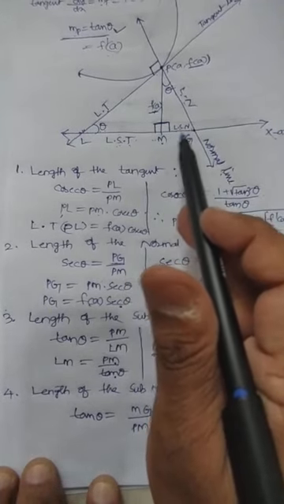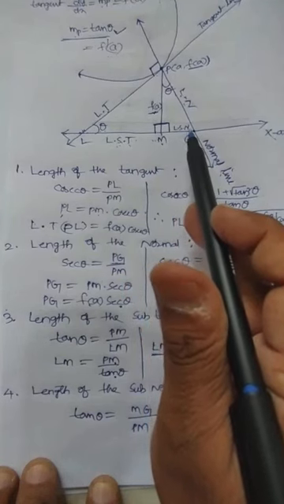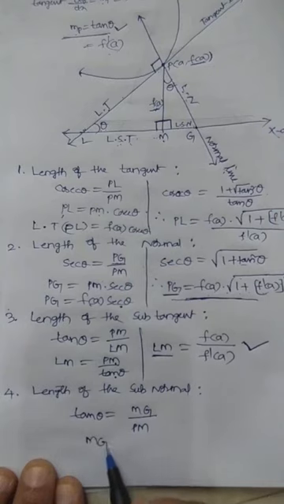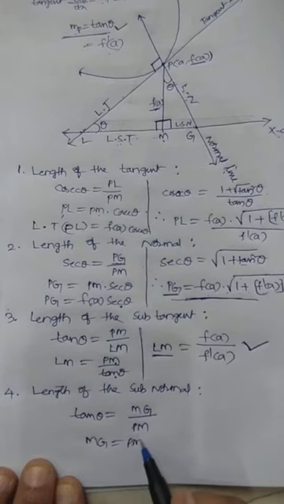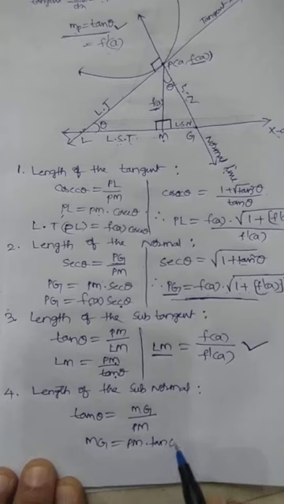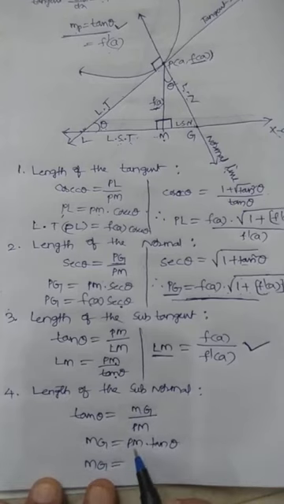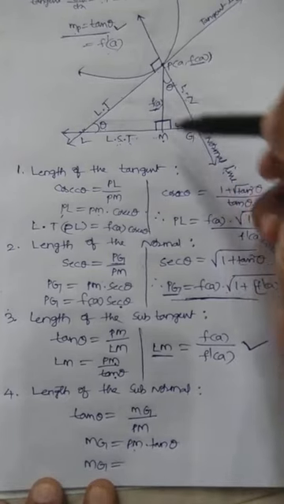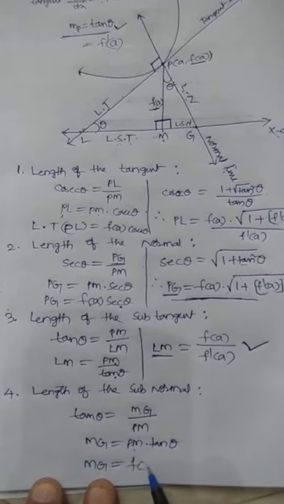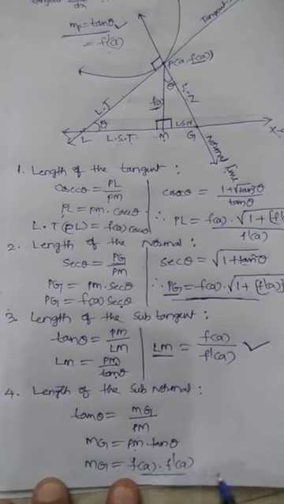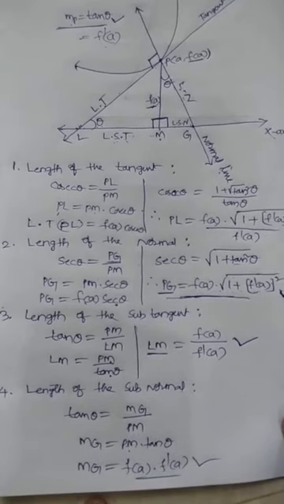I require MG bar, so MG bar is equal to PM bar into tan theta. PM bar is f(a) and tan theta is f'(a). So this is the formula for the length of the subnormal.